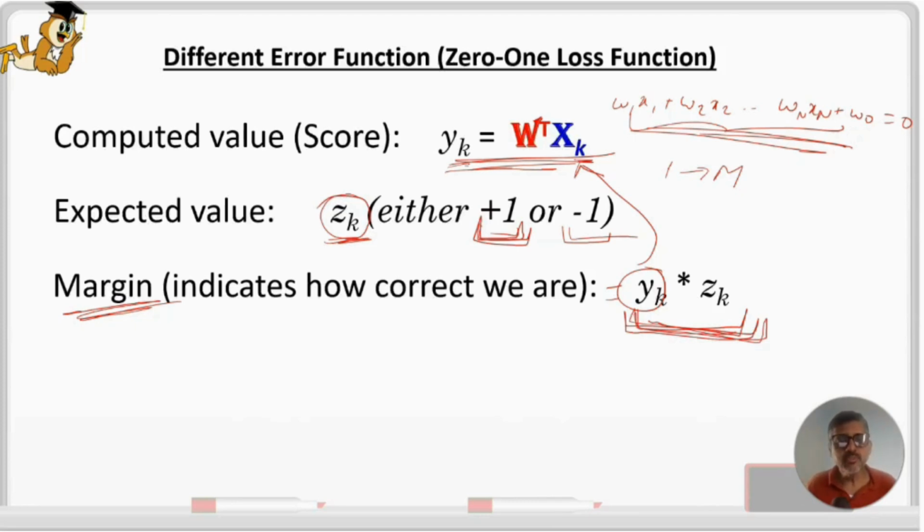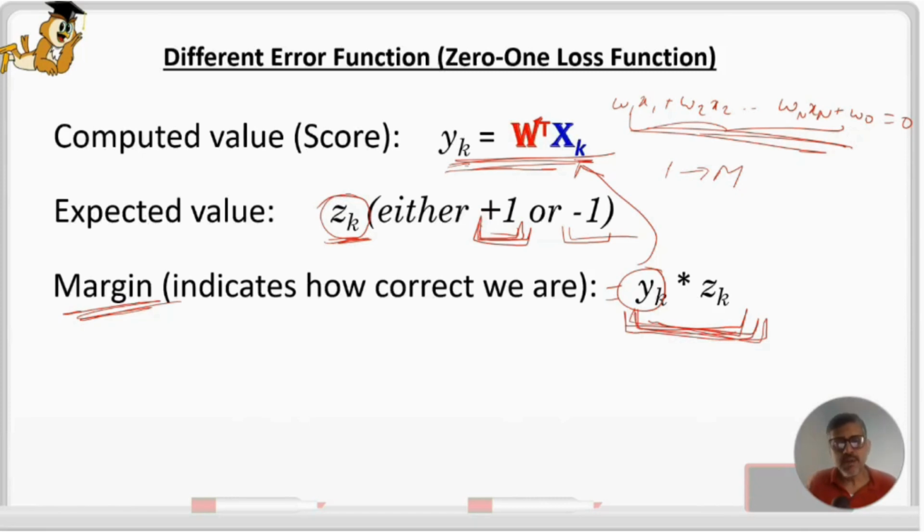On the other hand, if your computed score was a highly positive value and your expected value was -1, the margin would be a very large negative number, which tells you that you are absolutely wrong. You were supposed to get a -1 and your computed value was a very, very high positive number. Clearly, you were doing a disastrous job.